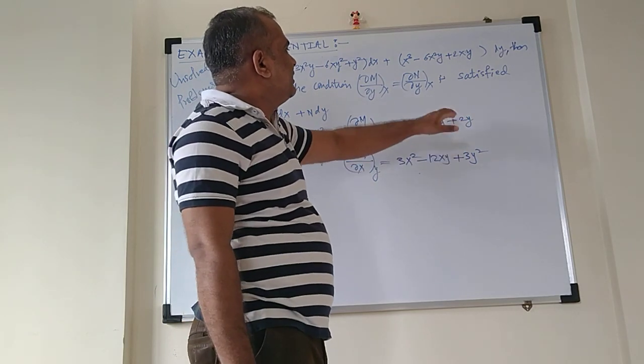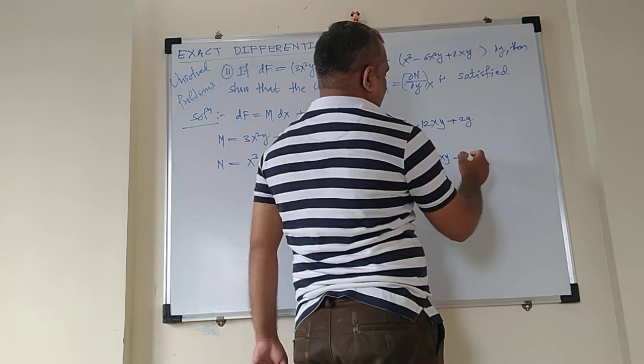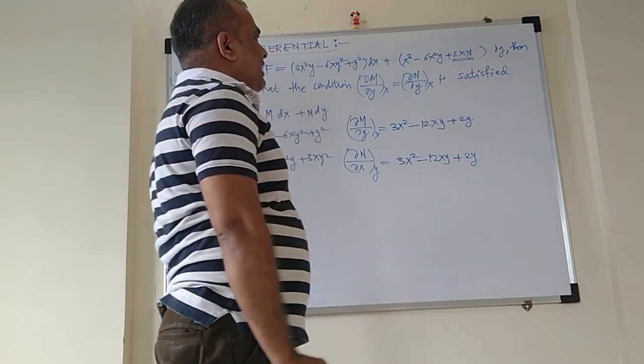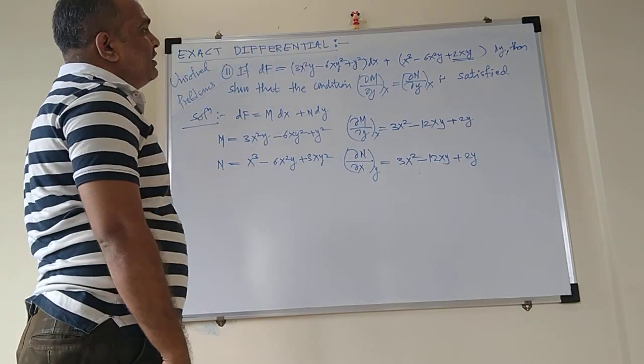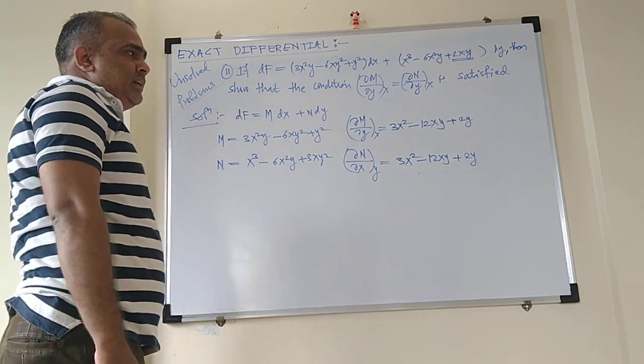If 2y you will get, the condition of exactness will be satisfied. So this will be a 2y if this is the last term in the function itself or in the problem itself. So there might be a printing mistake.